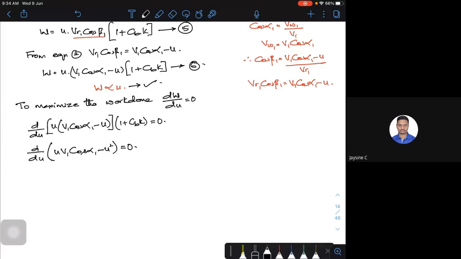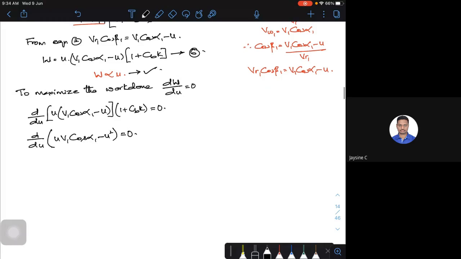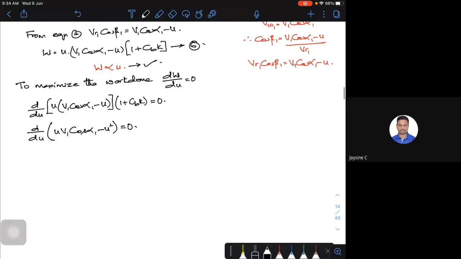This is the expression. Now I'm going to differentiate this. So d by du gives only v1 cos alpha 1 minus 2u, is equal to 0.